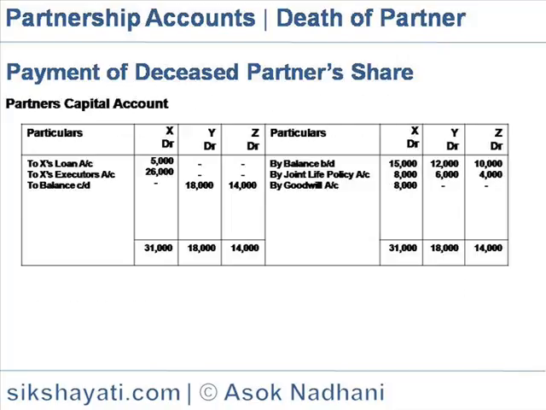The partners' capital accounts show on the credit side the opening balances of each partner, X 15,000, Y 12,000, Z 10,000.